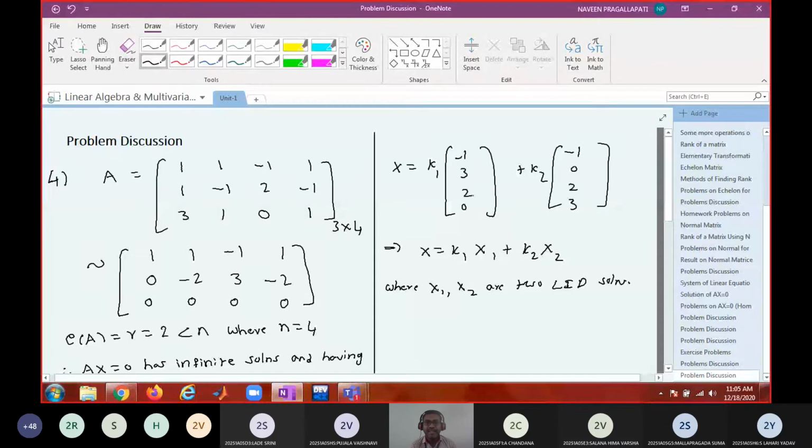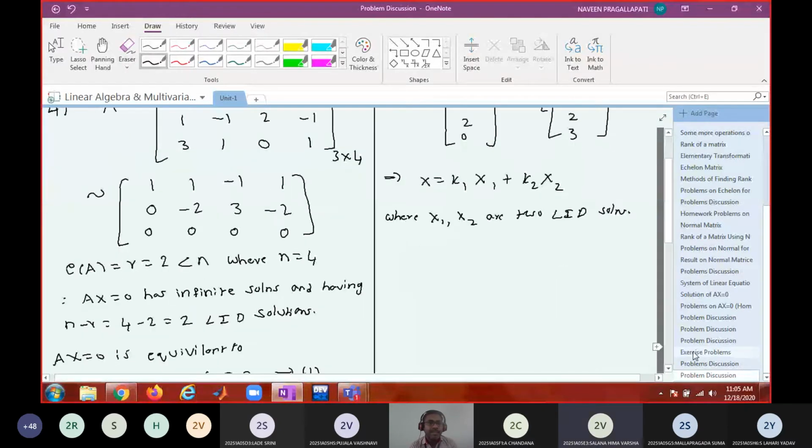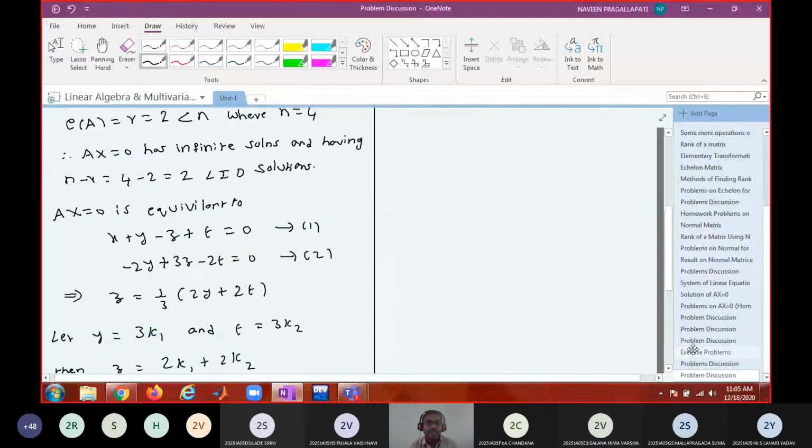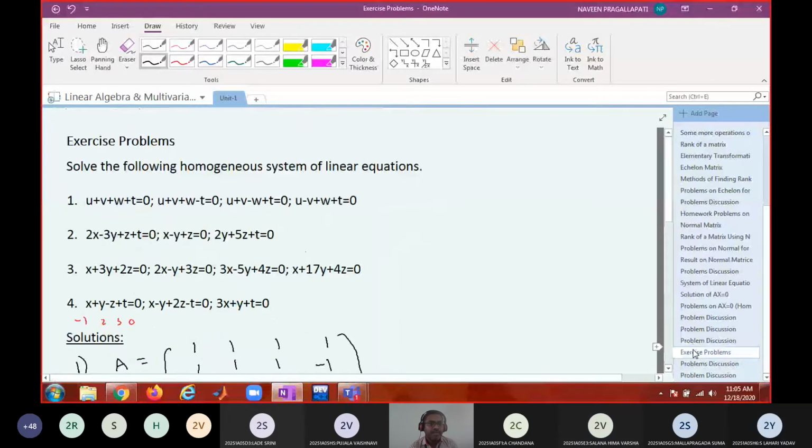What about the second vector? Is that correct? Yes, sir. Minus 1, 0, 2, 3. So now, these values, minus 1, 3, 2, 0, are they satisfying? Substitute these values here: minus 2 plus 2, 0.